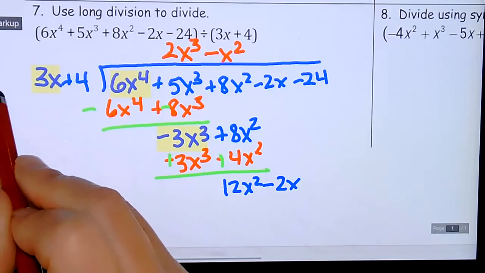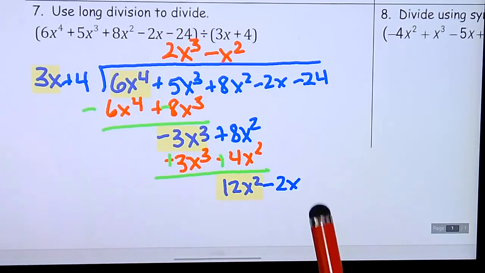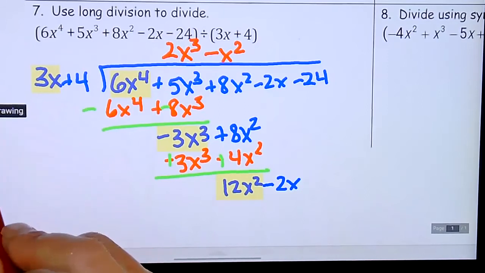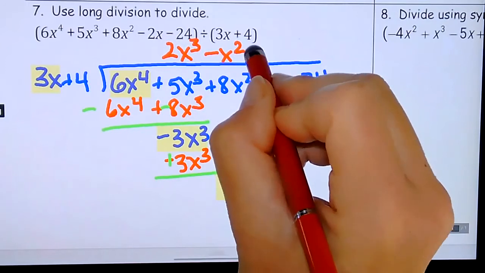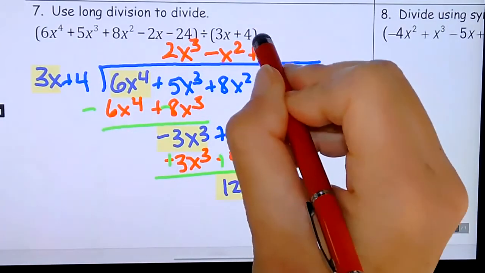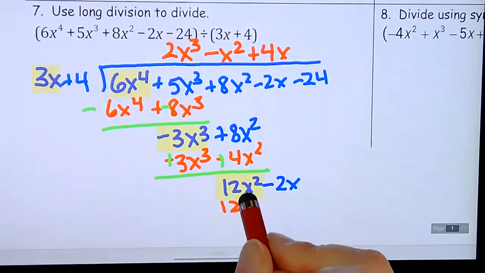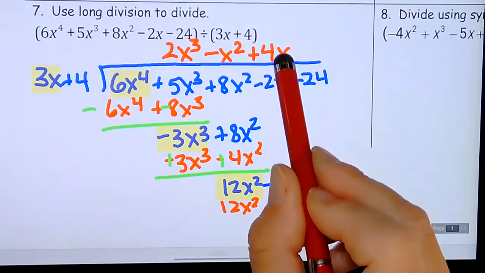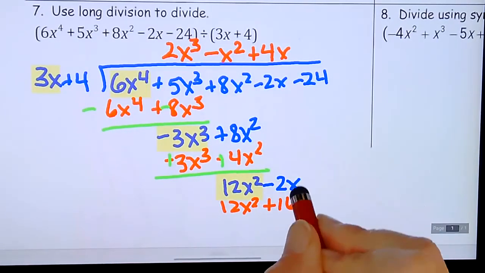And again, always focusing on the lead. So now I'm focusing on getting that 12x squared. Okay. So 3x times a plus 4x. So 4x times 3x is 12x squared. 4x times 4 is a 16x.